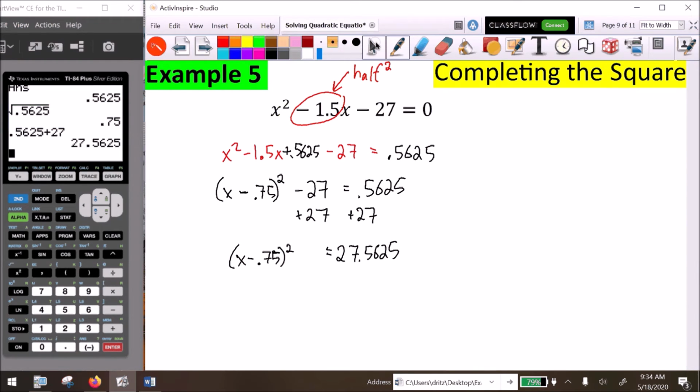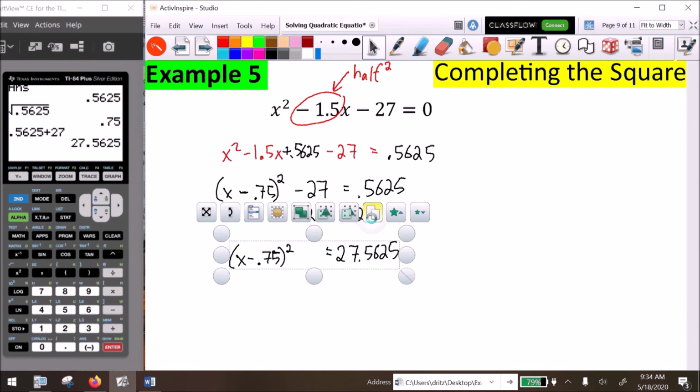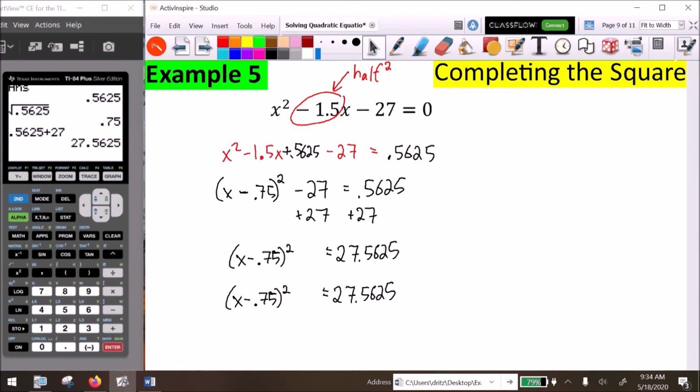To solve this, we got to get rid of the squared, and we're going to do that by taking the square root. So we got to take the square root of each side. And when we do take the square root, we have to remember to take both the positive and the negative square root.